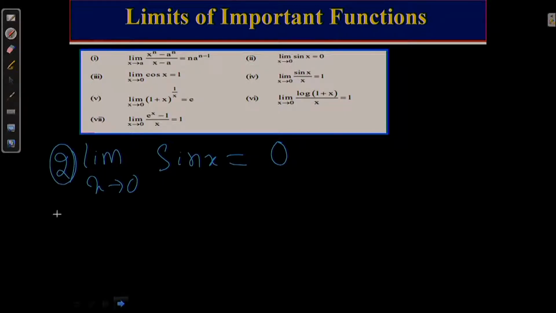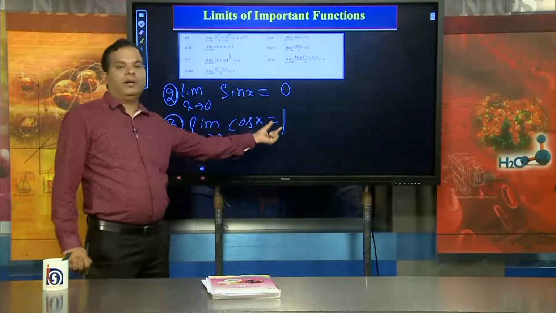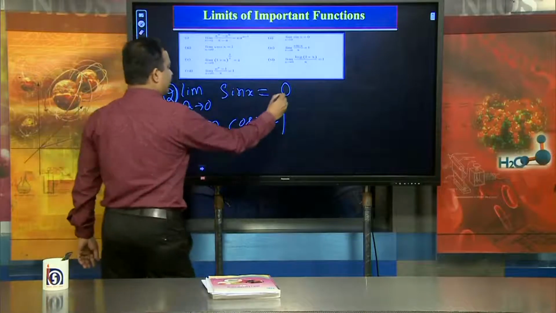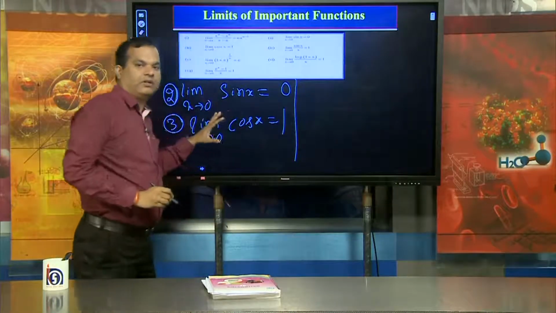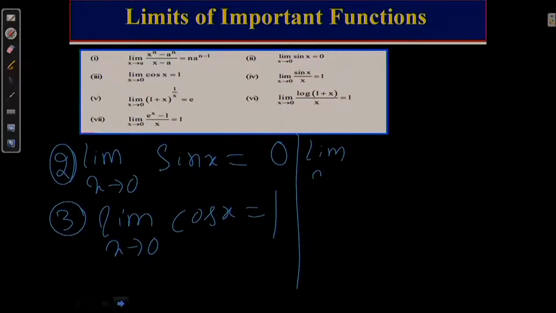The third part is limit x tends to 0, cos x value will be 1. The sin x value is 0, but in case of cos x the value equals 1.